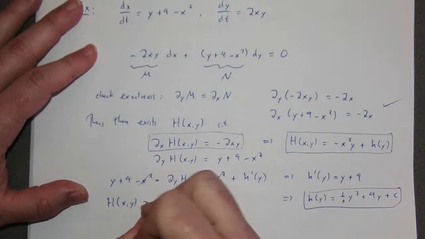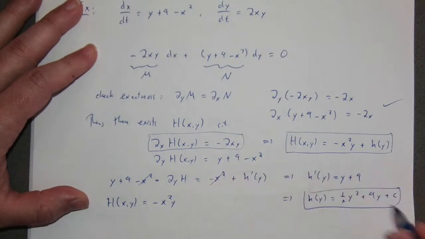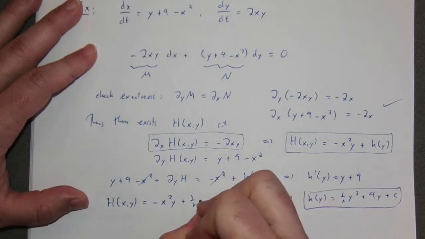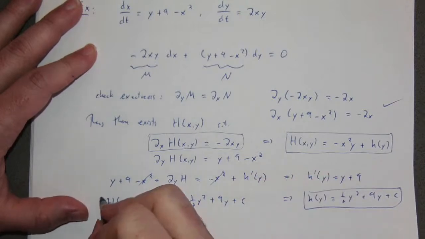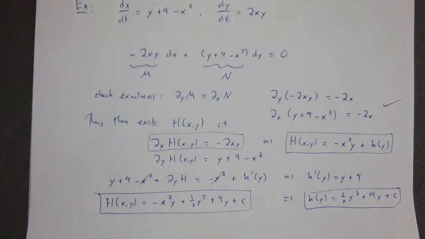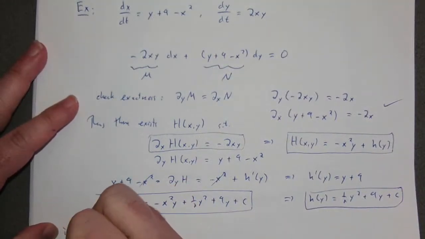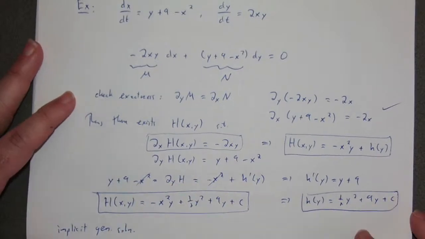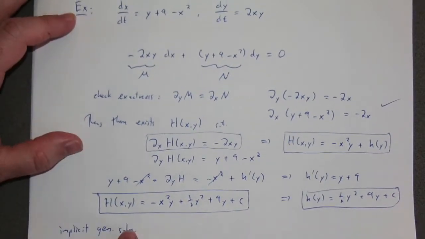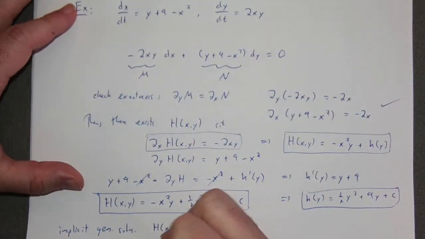Big H is equal to minus x squared y plus little h, which is this thing, plus 1/2 y squared plus 9y plus constant. And my implicit general solution to this system is given by setting this h equal to a constant.